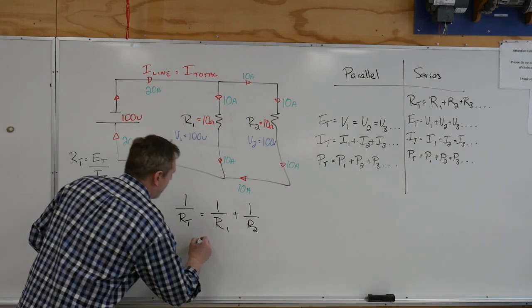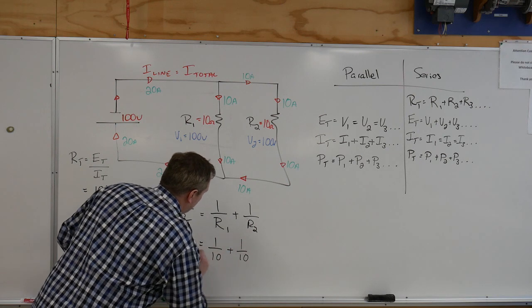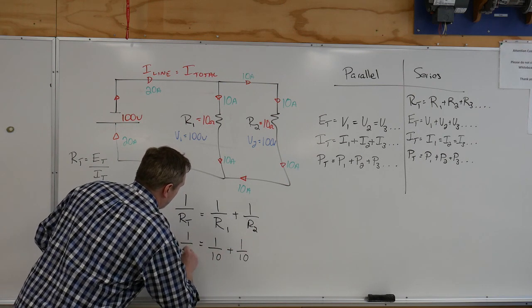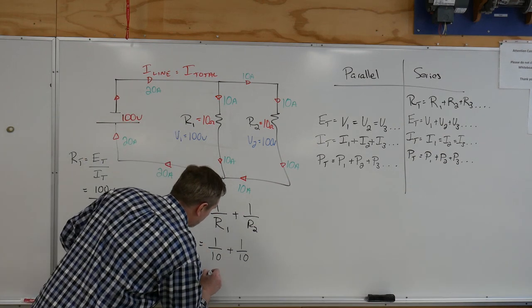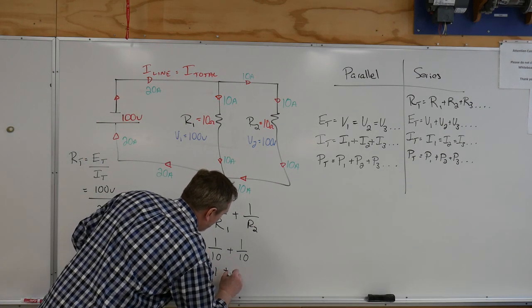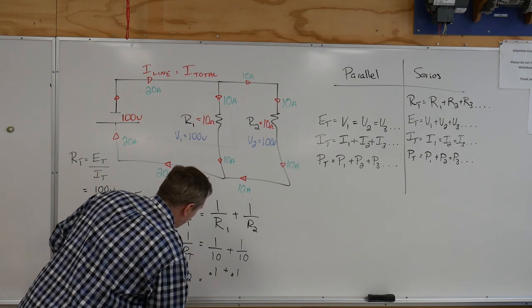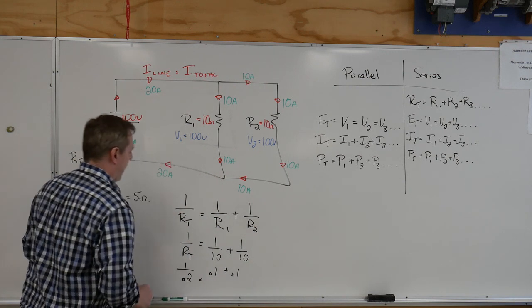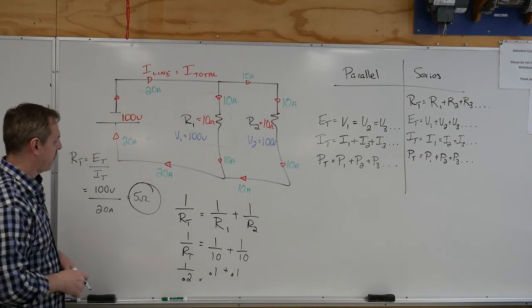So if we did 1 over 10 plus 1 over 10 equals 1 over R total, you would end up with 0.1 plus 0.1 giving us 0.2. But then we need to do the reciprocal of that, and that should come out to 5 ohms.